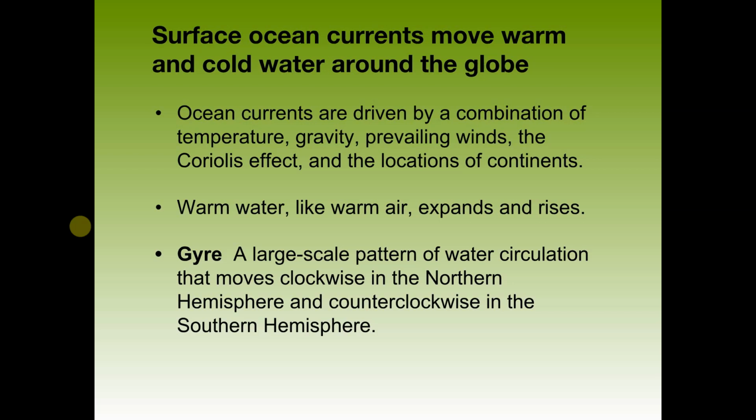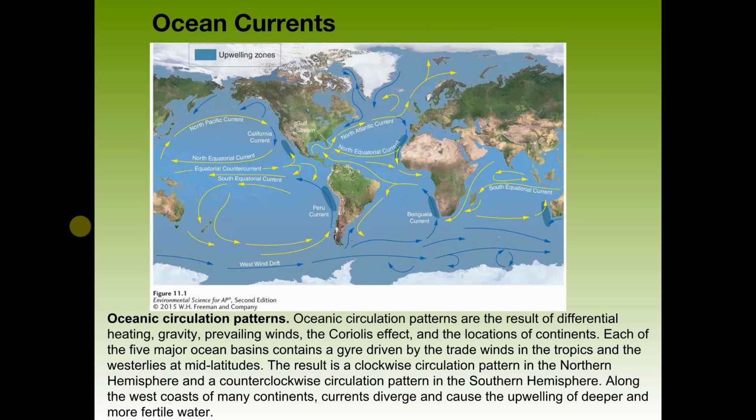And then there are things called gyres, which are basically large-scale patterns of water circulation. Again, they differ in the northern versus southern hemisphere. In the northern hemisphere, these gyres move clockwise, and in the southern hemisphere, they move counterclockwise. Here's a map of the ocean currents, or the major gyres.